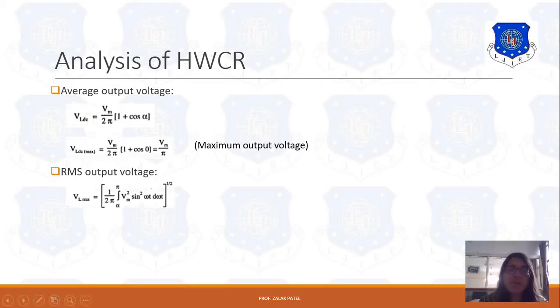The square of the whole value is taken and then the square root is taken for the RMS value. For sin square theta we apply (1 minus cos 2 theta) upon 2, so it becomes Vm square into (1 minus cos 2 theta) divided by 2. The whole value becomes Vm by 2 into [1 upon pi (pi minus alpha plus sin 2 alpha upon 2)] raised to 1 by 2. So this is our RMS output voltage.